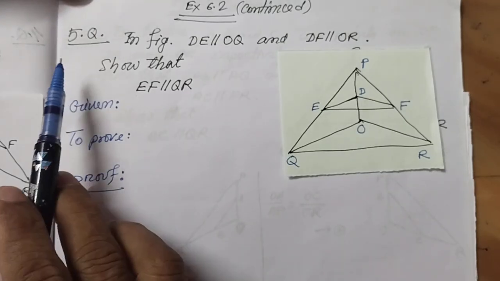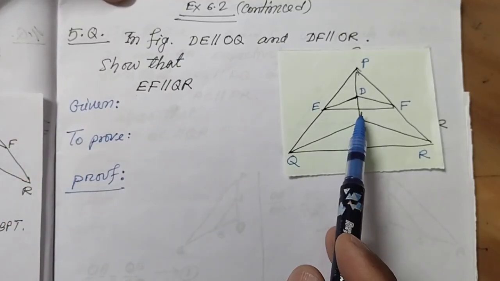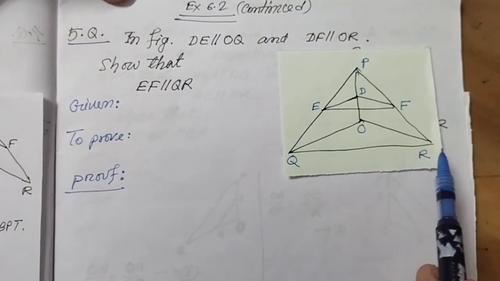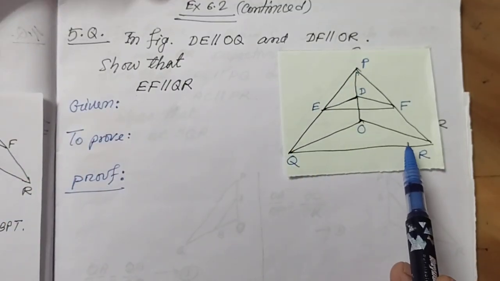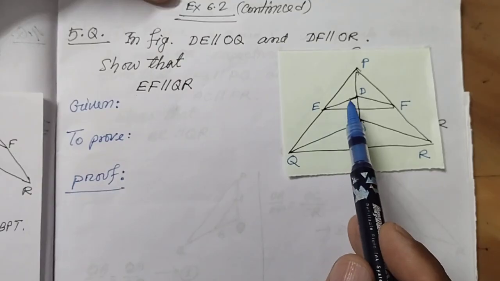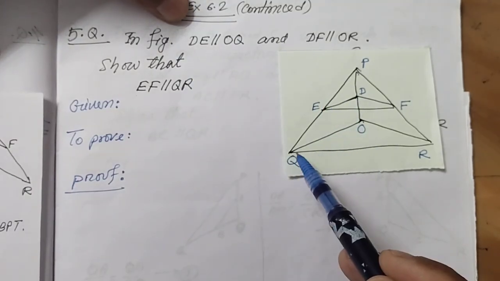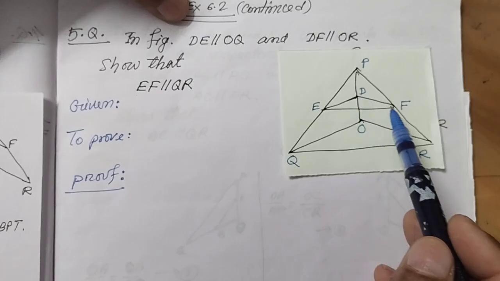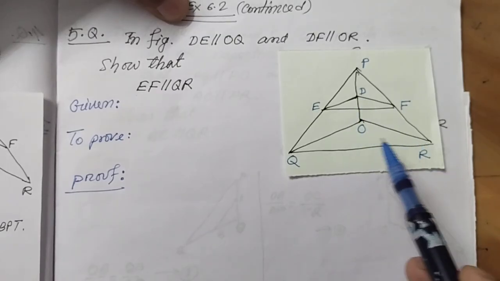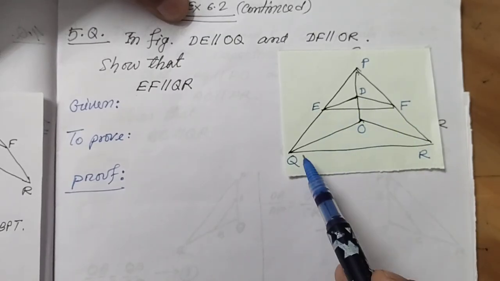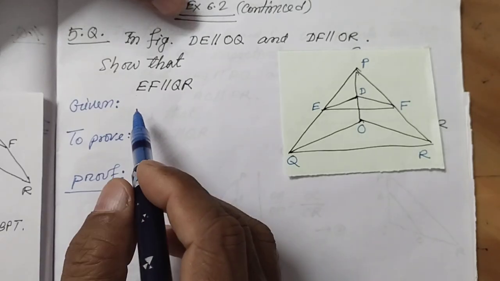See, next question number 5. This is the diagram given, a triangle PQR in which DE parallel OQ, DF parallel OR, and you are asked to prove that EF parallel QR. So what is given? We will write first.